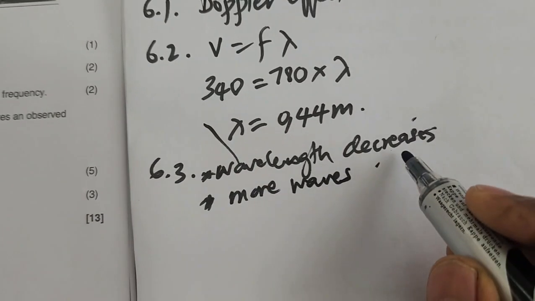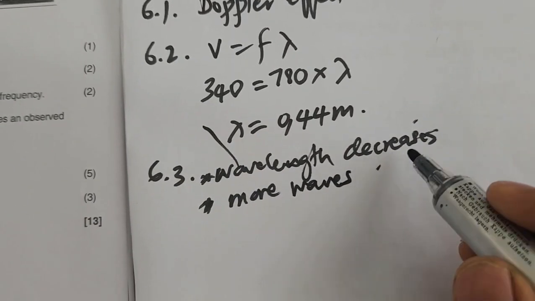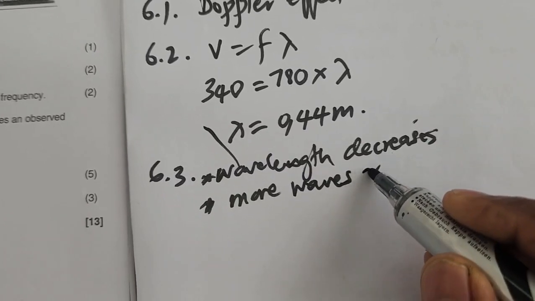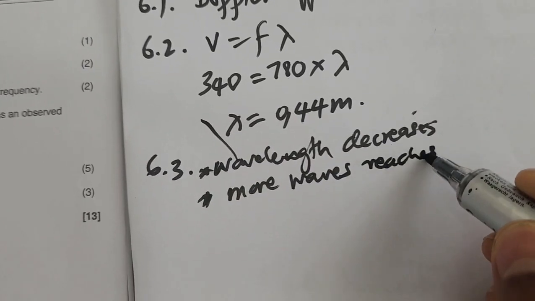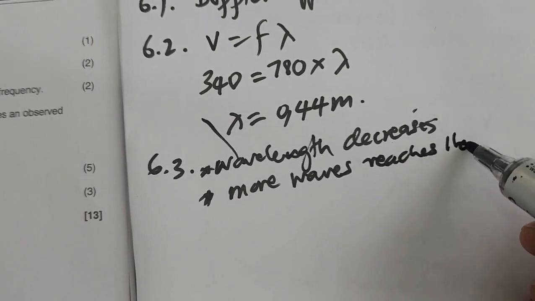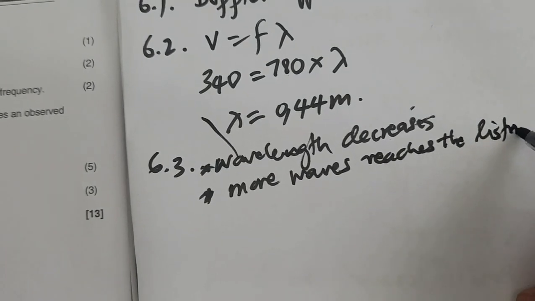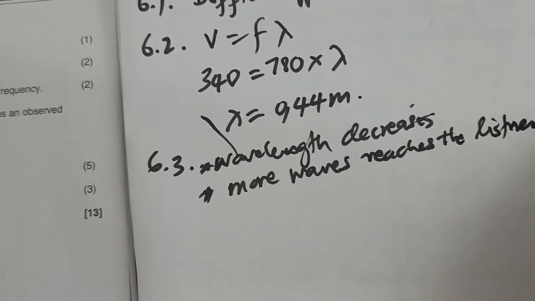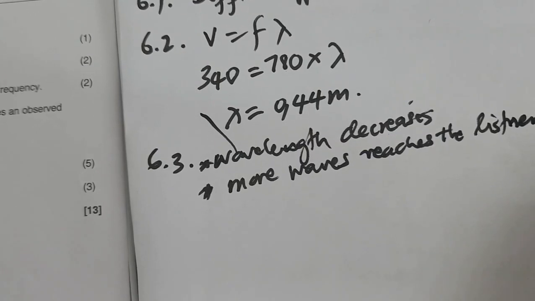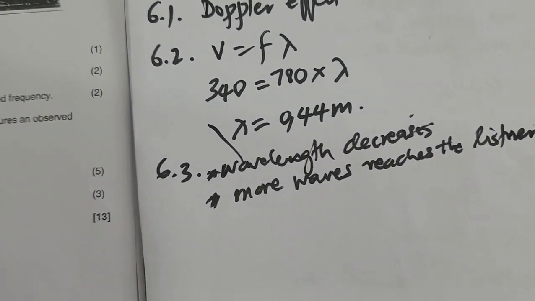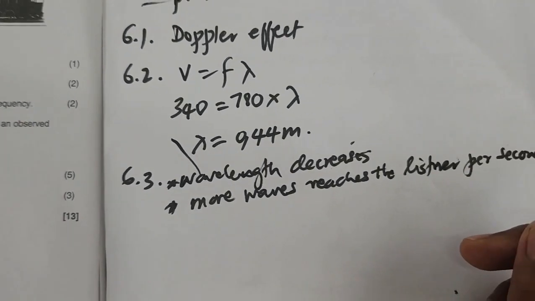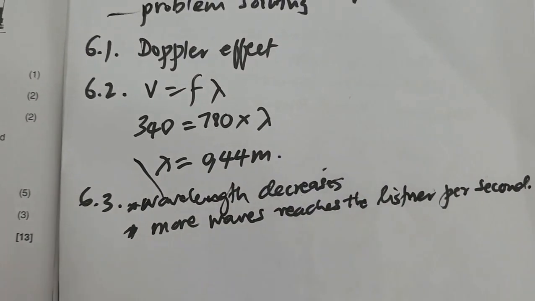In this case, more waves reach the listener per second. That is the frequency. Remember, the frequency is the number of waves passing through a point per second.